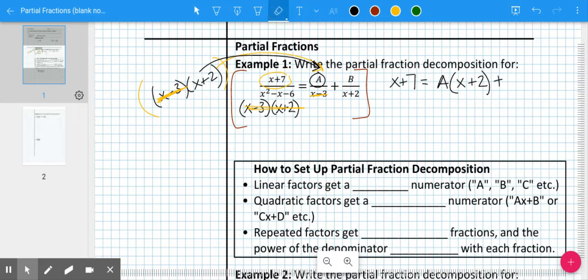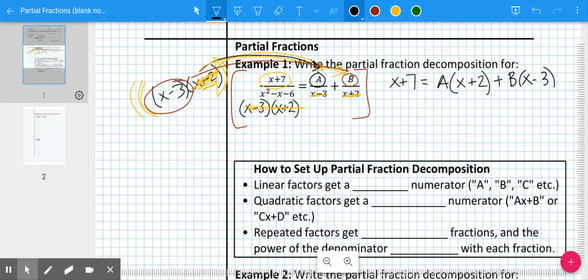When I multiply it to the last fraction, the x plus 2's cancel. I still have this x minus 3, and I still have what's on top, a B. So I have B times x minus 3.